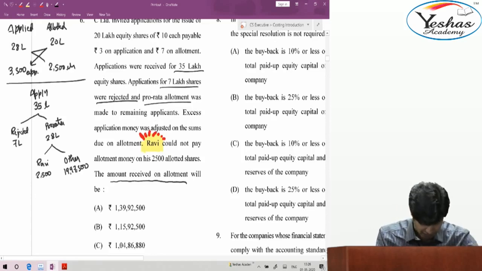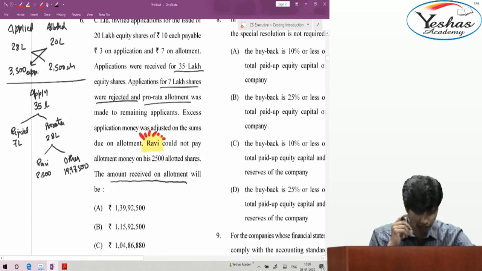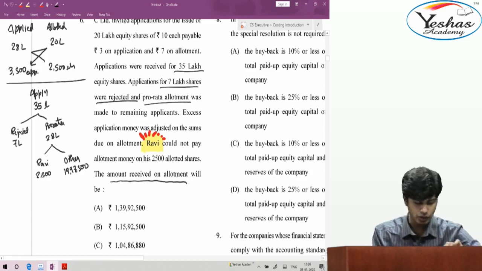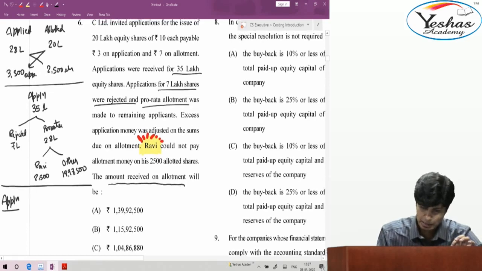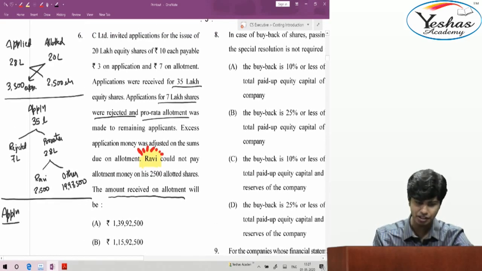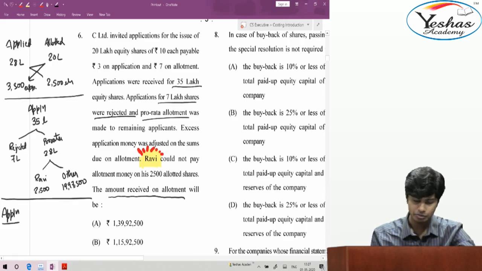Now, let us see with respect to application, how much money is collected. On application, you collected 28 lakhs multiplied by how much? 3 rupees per share. Where is it given? Shares of rupees 10. 3 rupees application, 7 rupees on allotment. Perfect.